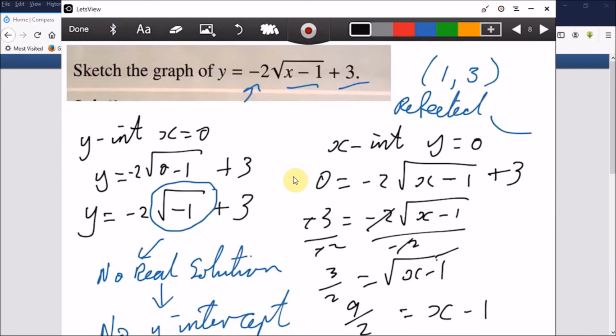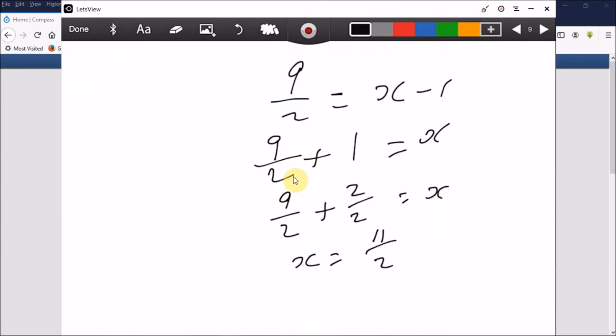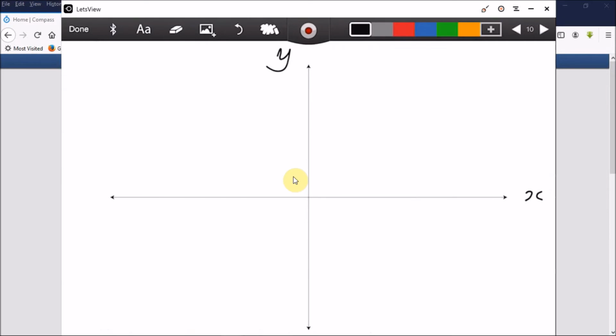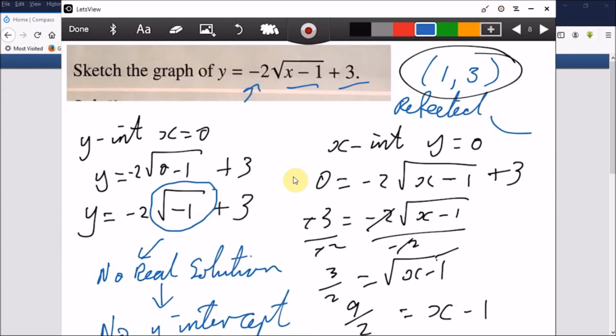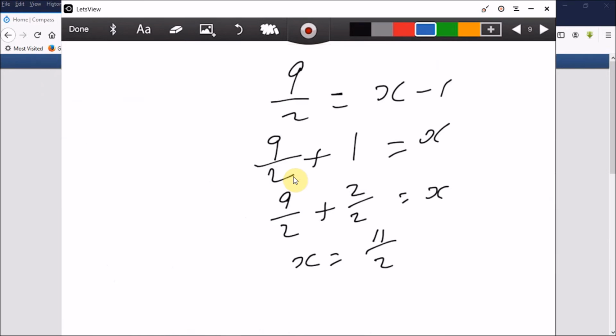So our starting point, 1 and 3. So there's our starting point there at 1 and 3. Our y-intercept, we didn't have any. Our x-intercept was 11 over 2.